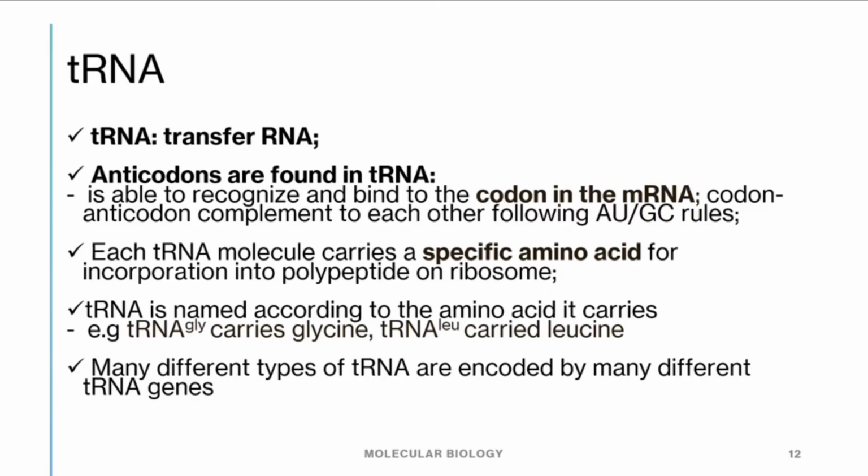A tRNA leu is one that carries leucine, etc. So there are, of course, different kinds of tRNA, given that for every anticodon, you'll require one different tRNA. So there are many different tRNA genes in our genome.